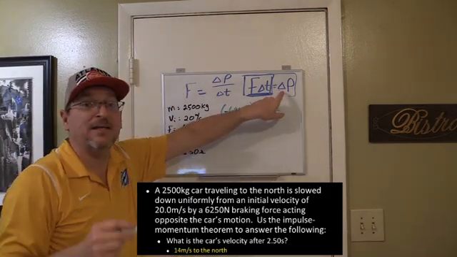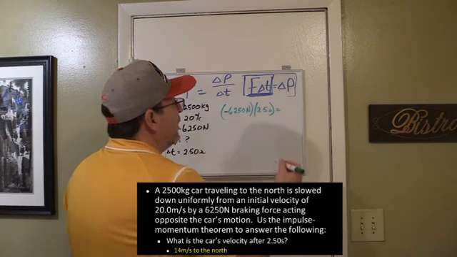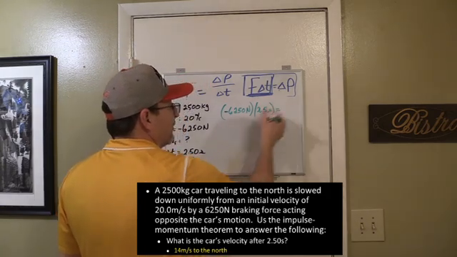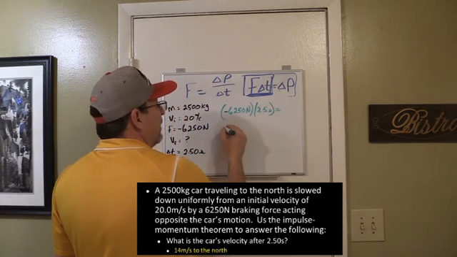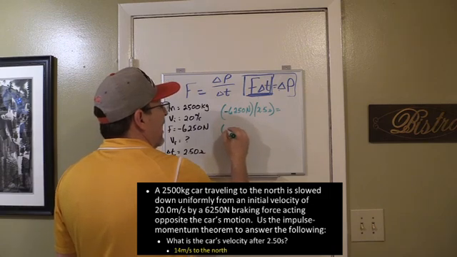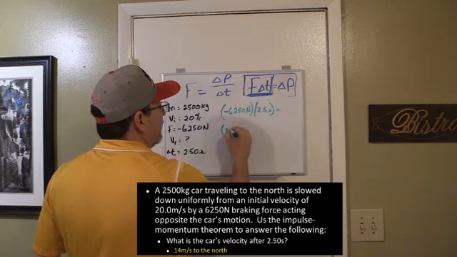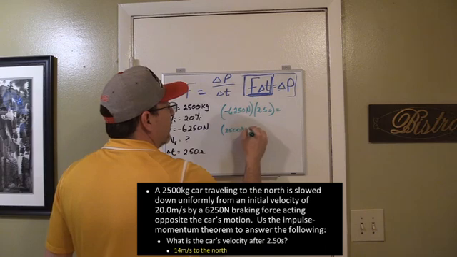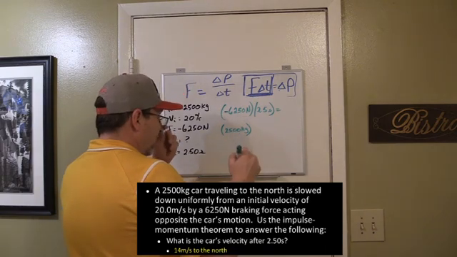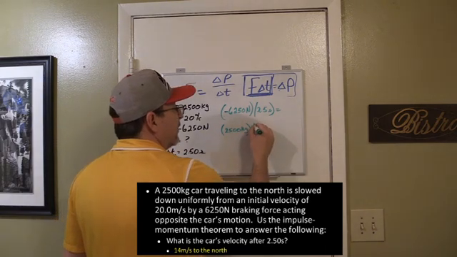The only thing that I'm missing is the final velocity. Of course, I'm going to need to carry this down. So my first one, I know the mass, 2,500 kilograms, but I don't know the final velocity. And remember, these are finals first.